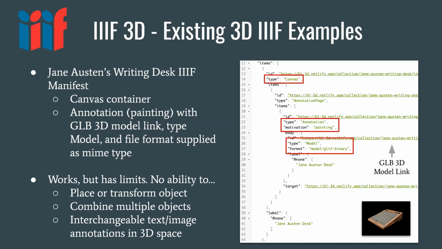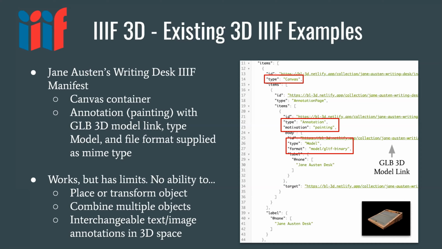Yeah, so it works, but it has limits. We're not able to place or transform the 3D object. We're just simply saying this object goes on this canvas. We can't say where it goes on the canvas, or what rotation.